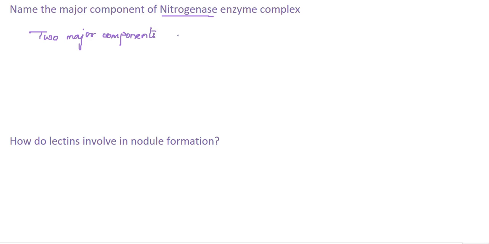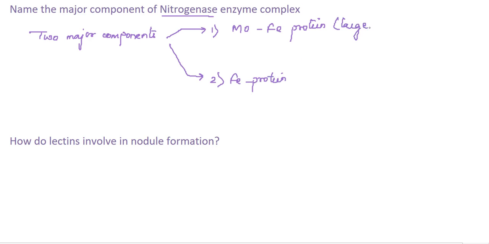See here, the two major components of this nitrogenase enzyme complex. Number one is molybdenum iron protein, and the second one is iron protein. This molybdenum iron protein is a larger one, and the Fe protein is more sensitive to oxygen.